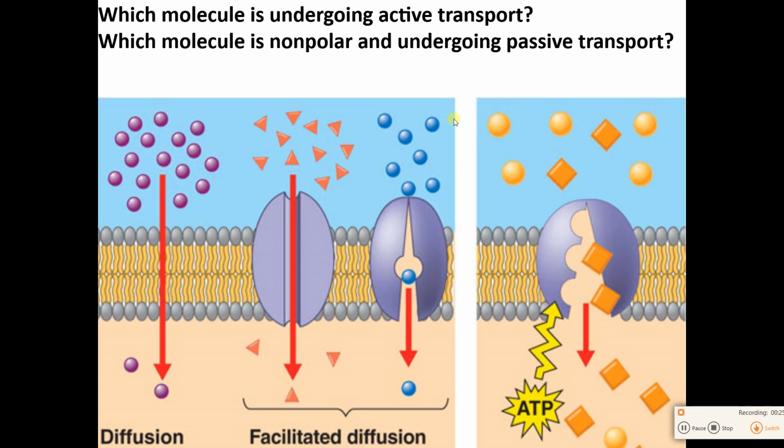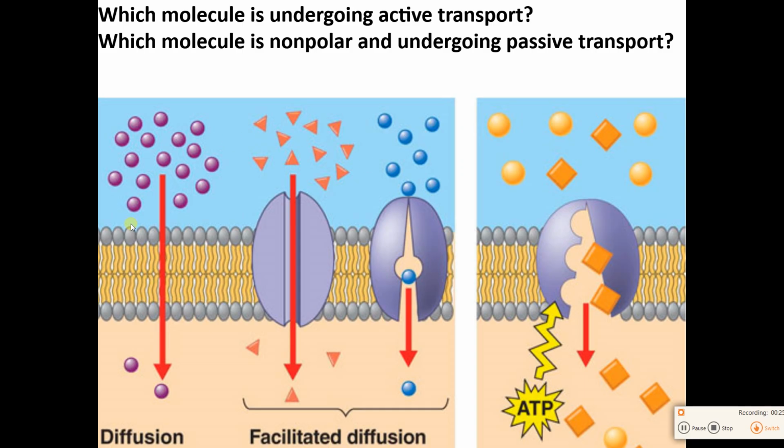Which of these four situations is depicting active transport? Well, it's got to be the one where we're involving ATP. And in this example, we're going from an area of low concentration to an area of high concentration. That's going uphill. That requires energy in the form of ATP.